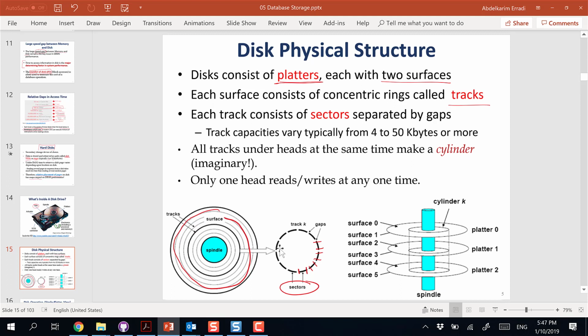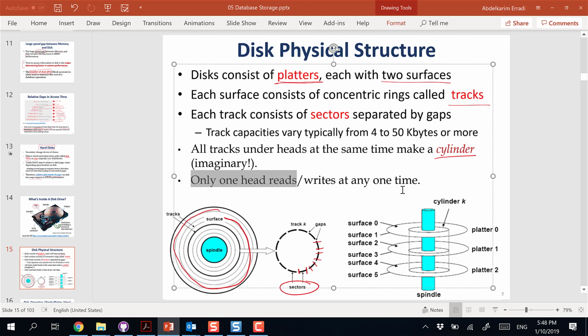Okay. Also, there is something called a cylinder. A cylinder is something imaginary. All the sectors that are on top of each other, belonging to different platters, form what is known as a cylinder. So that's basically the major ideas here.